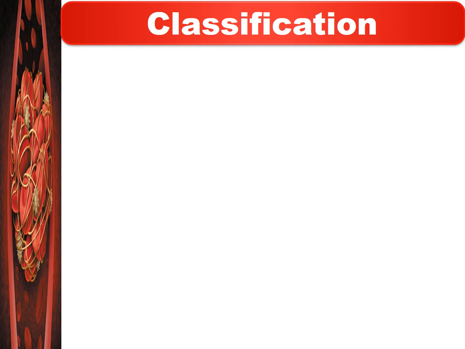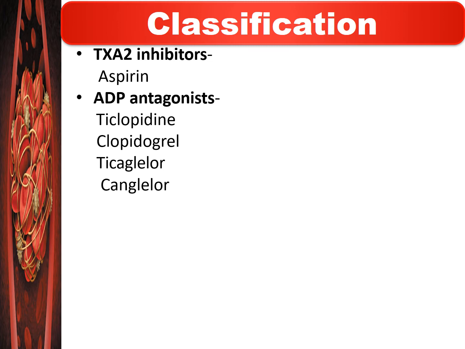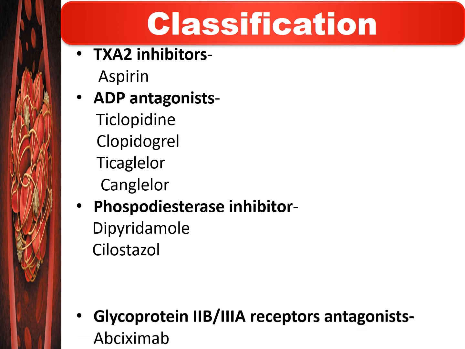Now come to the different classes of the antiplatelet drugs. They are classified as follows. The first class is thromboxane A2 inhibitors, that is aspirin. The second class is the ADP antagonists, that is ticlopidine, then clopidogrel, ticagrelor and cangrelor. The third class is the phosphodiesterase inhibitors, that is dipyridamole, cilostazol.